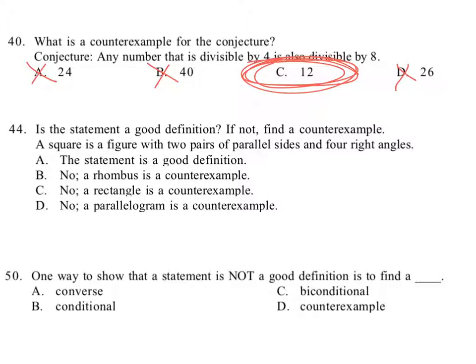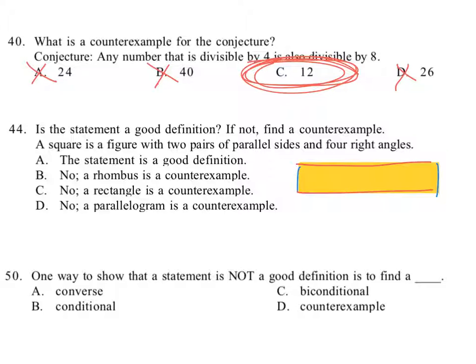This has 4 sides, 2 pairs of parallel sides, 4 right angles. Here's the parallel sides. That is parallel to that. And here's another set of parallel sides. That's parallel to that.